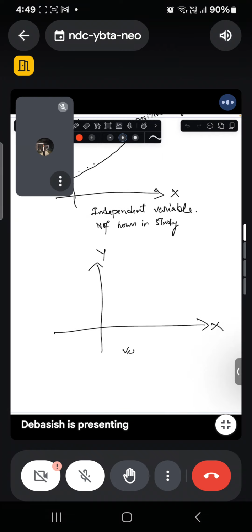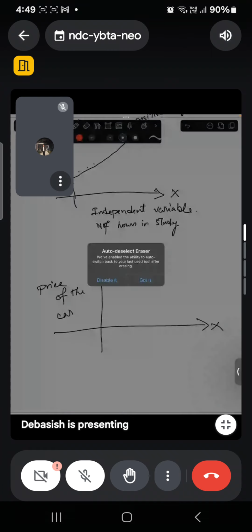So here the age of the car, and here the price of the car. So the graph will be like this.